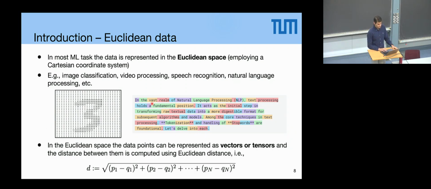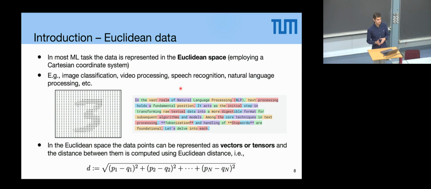If we have a text and we want to process it using natural language processing tools, then we can store this using a two-dimensional tensor. One dimension will correspond to the sequence length, and the other dimension will correspond to the embedding for each of the tokens that we have.